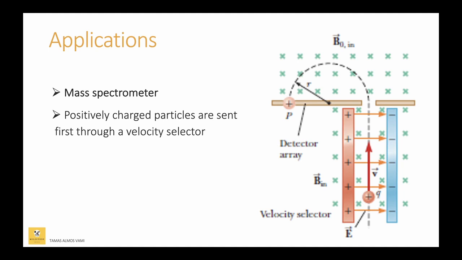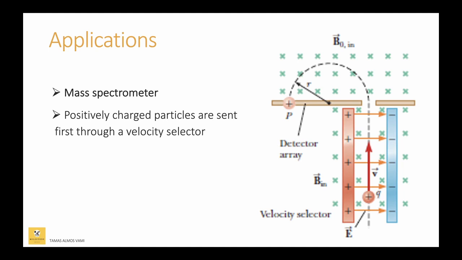So then we have the radius of this circle, and based on that you can figure out what was the mass of the particle. So the chemists use this to figure out what kind of material they are dealing with. You can have some unknown thing, like in CSI. In these movies they have these materials, they don't know what it is, so they put it into here.